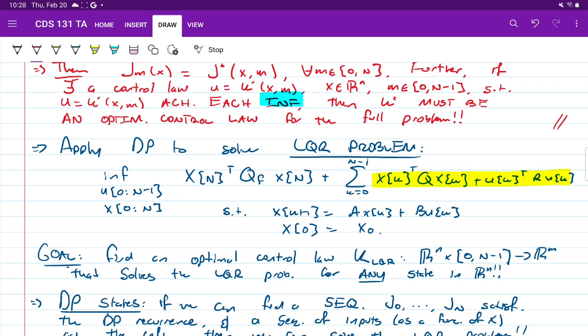It doesn't really mean anything to solve a problem for n steps. I can't do a recurrence for n steps and then say, okay, I'm done, because n is not a fixed number. N is arbitrary. So in order to solve this optimal control problem using dynamic programming, what I would need is to really notice some pattern that occurs in the optimal cost to go at each step, okay? Some pattern that also occurs in my optimal control law.